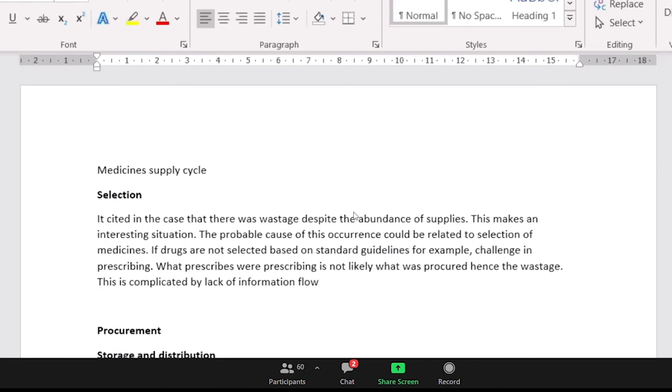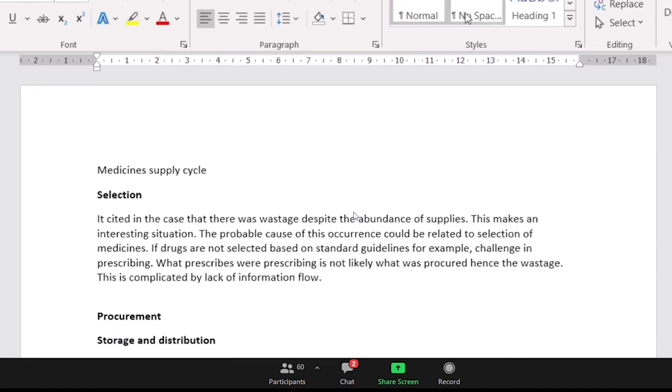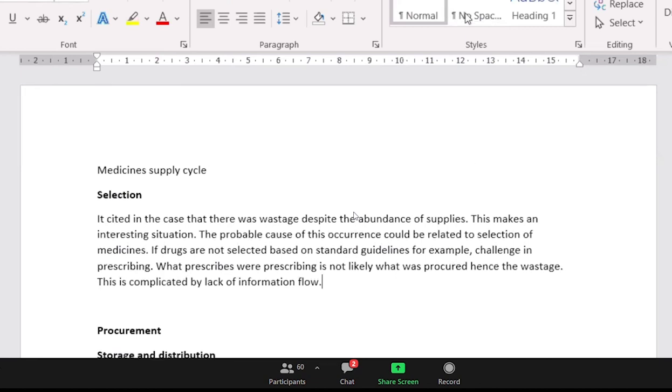Why? Because if there's no information flow to say, well, they bought this, but it's not in the STGs, how else would doctors know what to prescribe? As far as doctors are concerned, they'll just be prescribing what is listed, right?